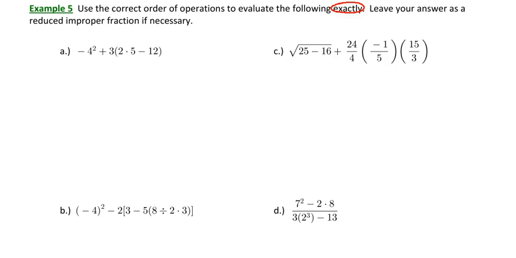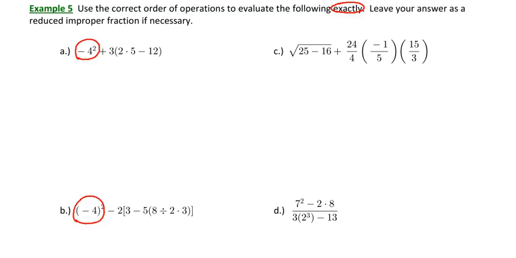Before we begin, however, I want to point out an important difference between example A and B that we'll run into quite a bit this semester that is important that you master. So look at the first term on example A and compare it to the first term on example B. Those are going to give us two different answers.